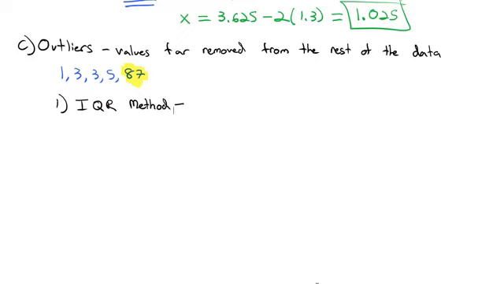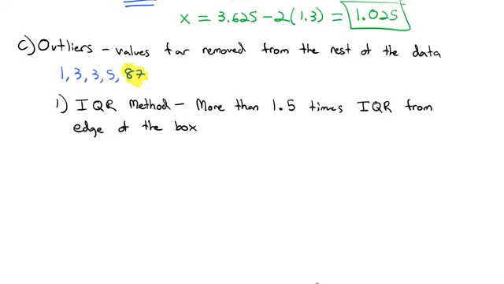And the idea behind this is we cannot be more than 150% or 1.5 times the IQR from the edge of the box in the box and whisker plot.